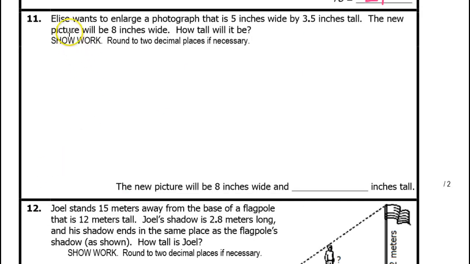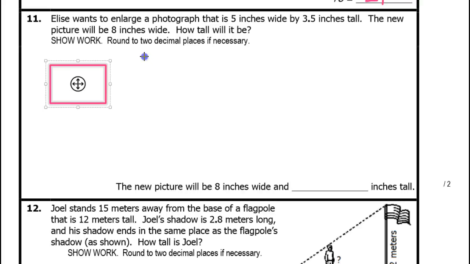For number 11, Elise wants to enlarge a photograph that is 5 inches wide by 3.5 inches tall. So I'm going to let this rectangle represent the original photograph, and then we want to enlarge that.